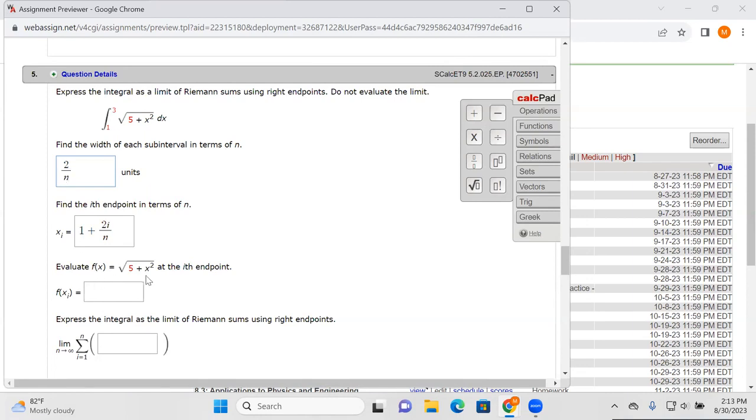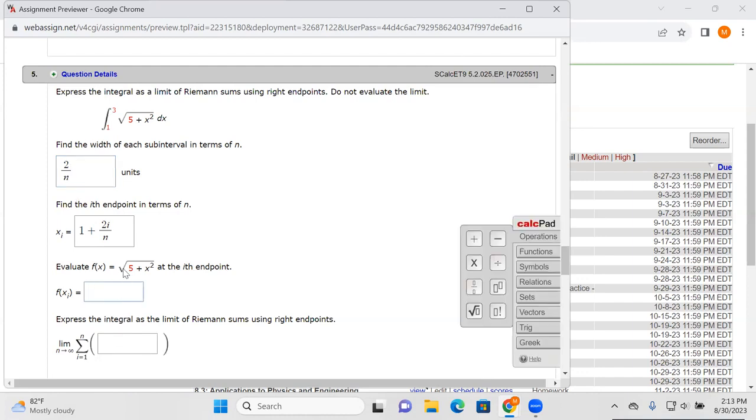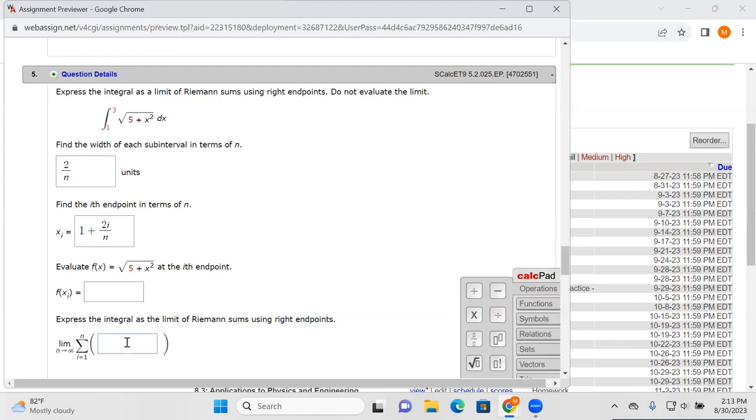f of x sub i, you literally just take this x and plug it in for x. That's not that hard. It's going to be a clunky expression, but whatever. And then here, you would have f of x sub i times delta x. Can I write delta? That does work. Okay, great.